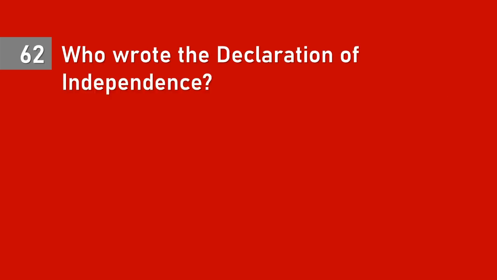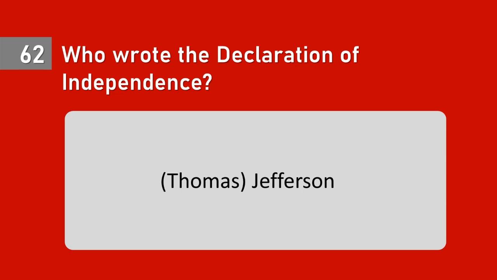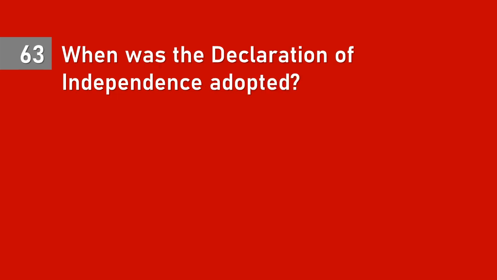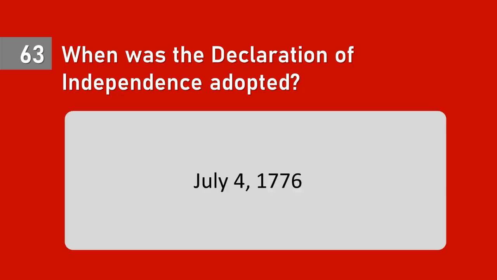Question 62. Who wrote the Declaration of Independence? Thomas Jefferson. Question 63. When was the Declaration of Independence adopted? 4th of July 1776. Question 64. There were 13 original states.